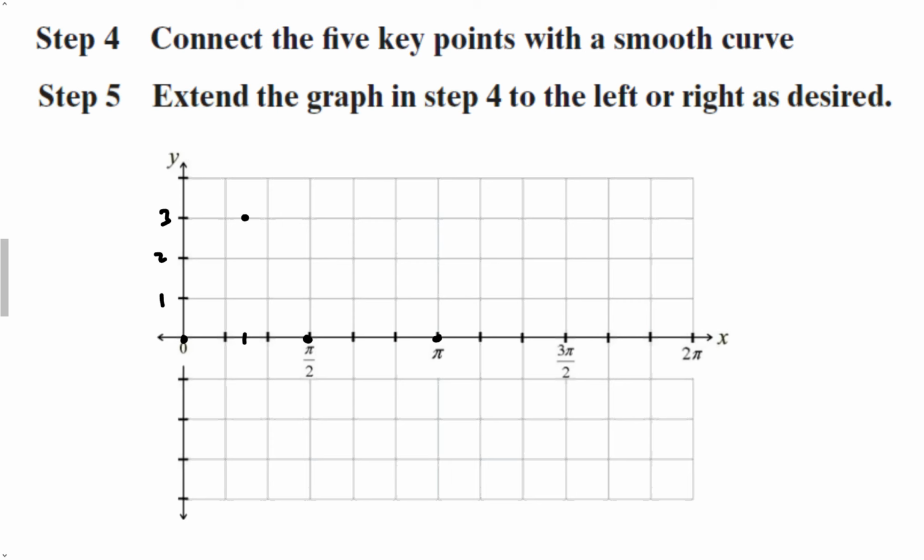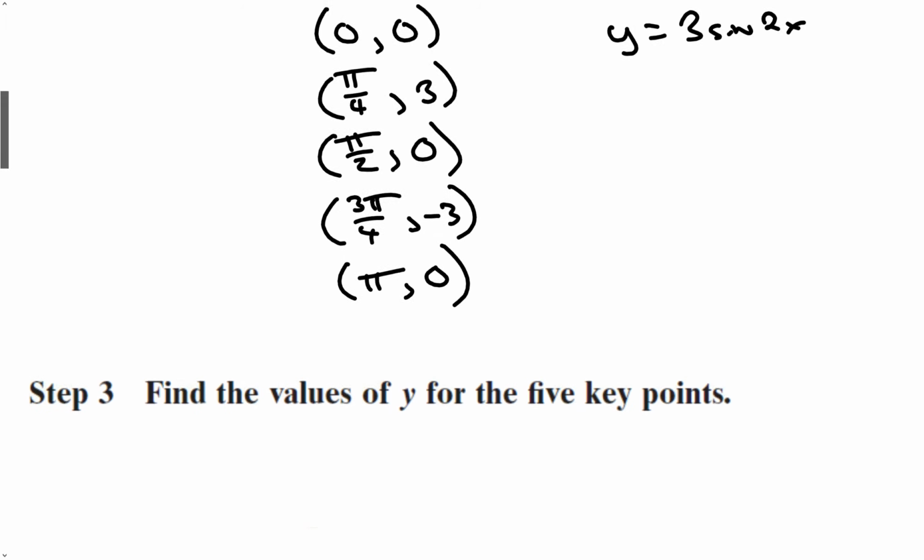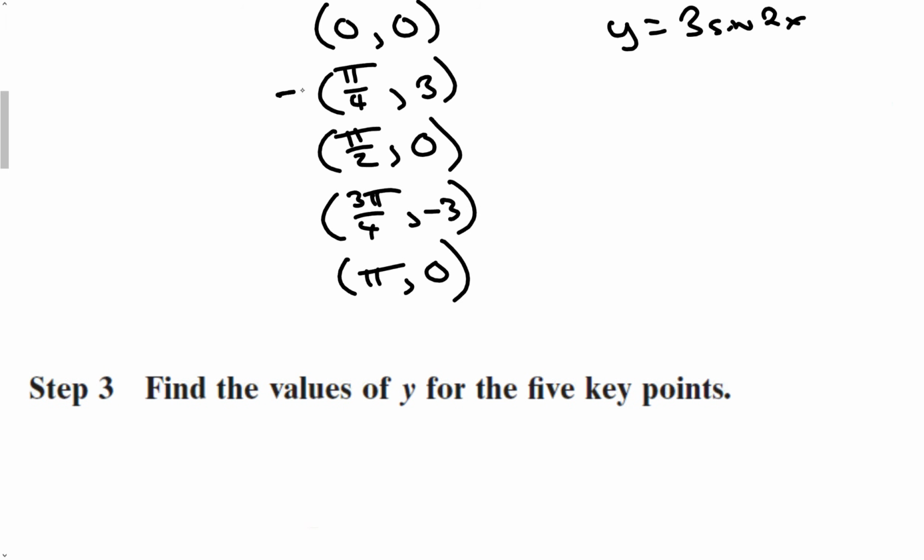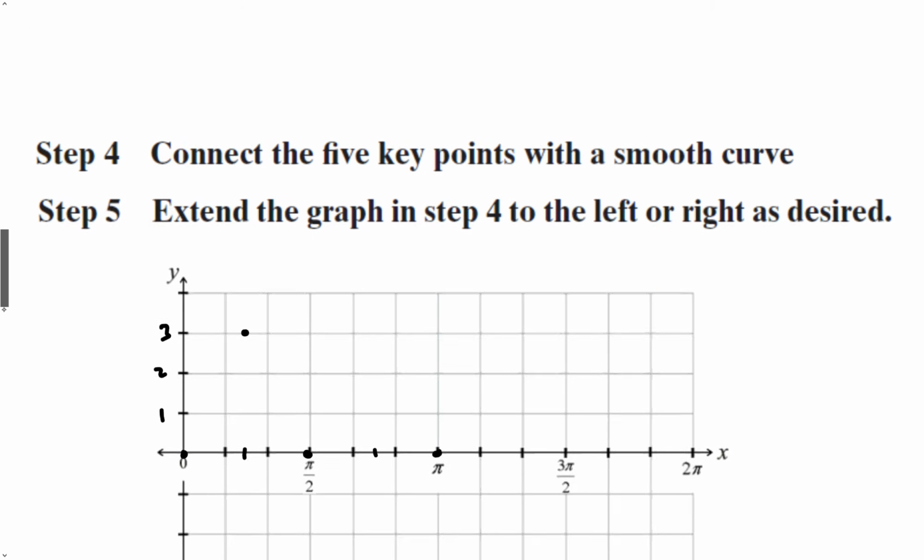And 3 pi over 4 has to be halfway in between pi over 2 and pi. And those were my 5 key points, right? These two are always halfway in between all of these. All right, that's nice.